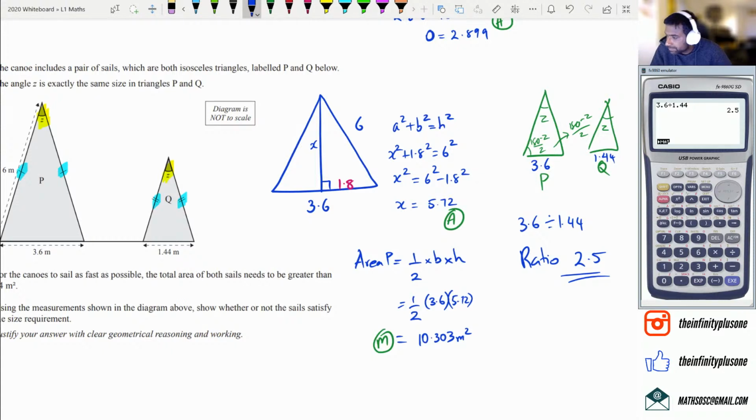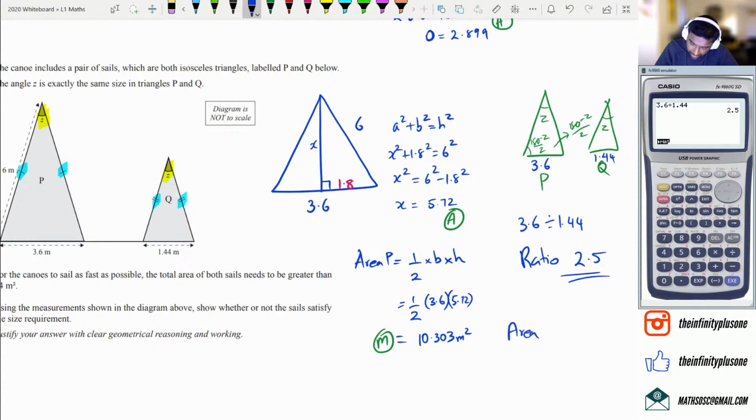At this point, if you think about it, triangle P is being divided by a ratio of 2.5 to get the base of triangle Q. However, when you do area, you can't just divide by 2.5. You've got to divide by 2.5 squared. This is something that you guys need to know.